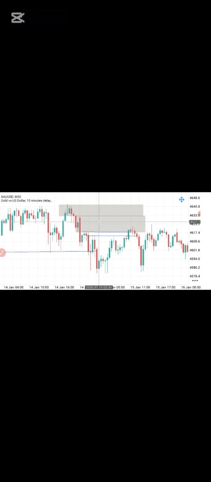Now on 30 minutes time frame, I notice that market sweep this liquidity here and reverse in this zone here. So this zone now is telling me that there are strong sellers in this zone.